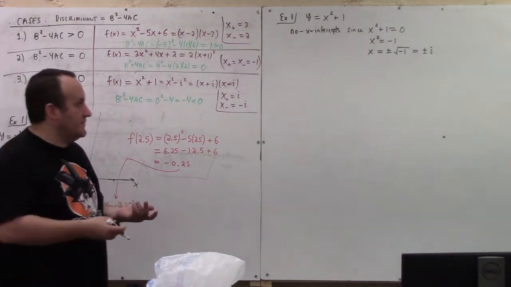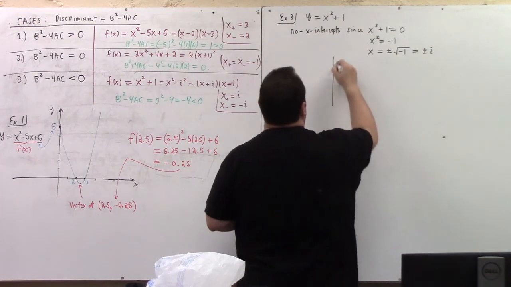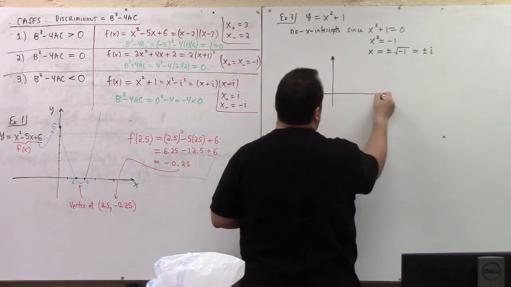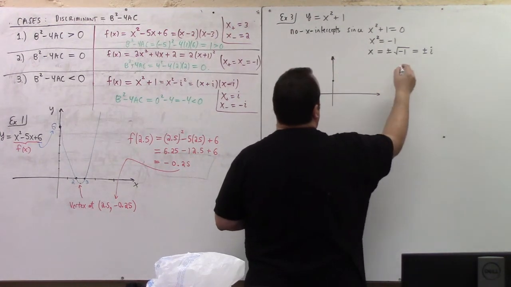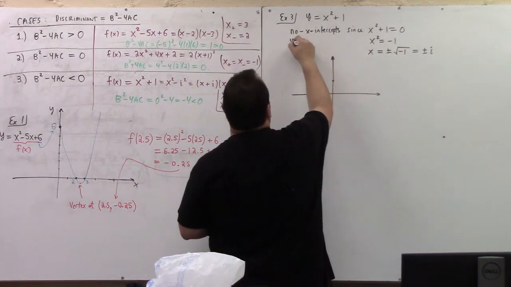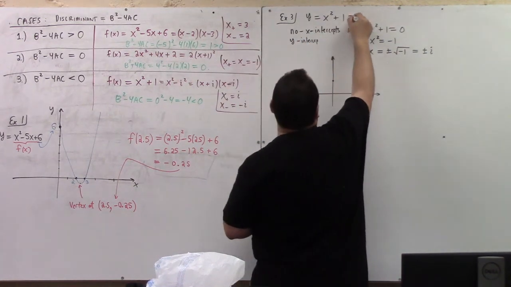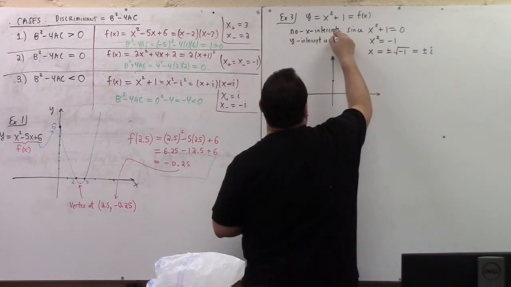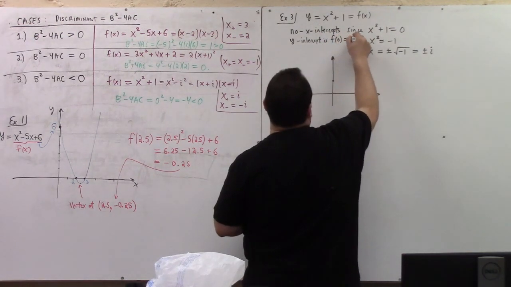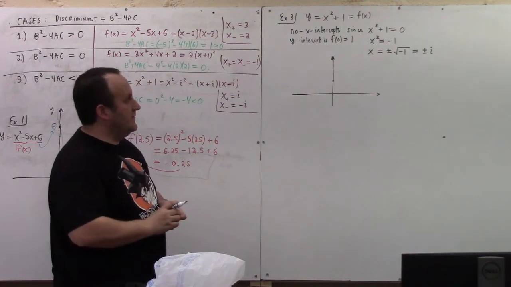There's no x-intercepts. What's the y-intercept? It's right here, right? The y-intercept is 1. Let me call this thing f of x. The y-intercept is f of 0, which in this case is 1. So it's there. Where's the vertex?